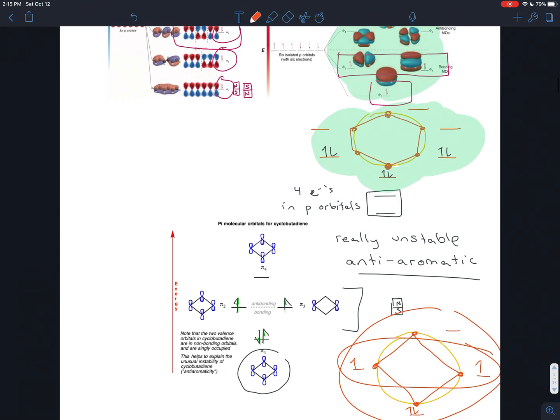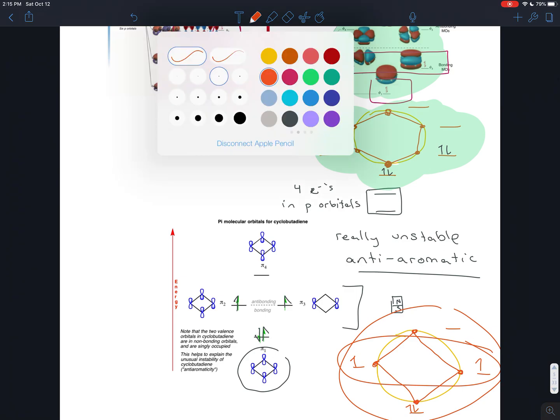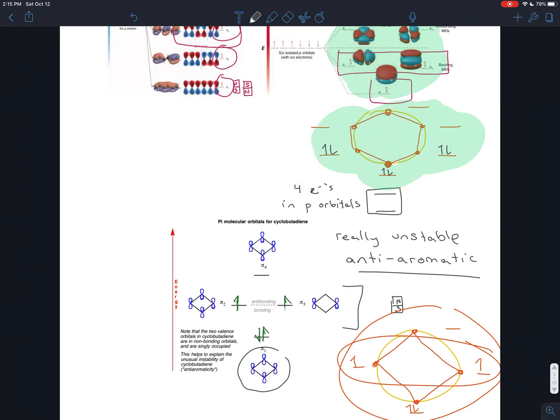There is an even shorter way, though. If you were to draw all of the molecular orbitals for a whole series of different conjugated rings, what you would notice as a pattern is that the ring that has just 2 pi electrons, 2 electrons in p orbitals, is aromatic.